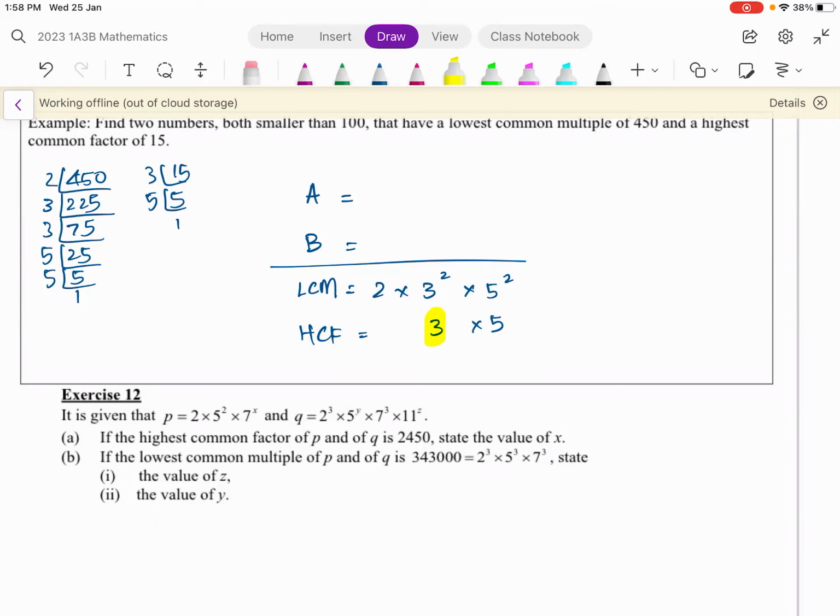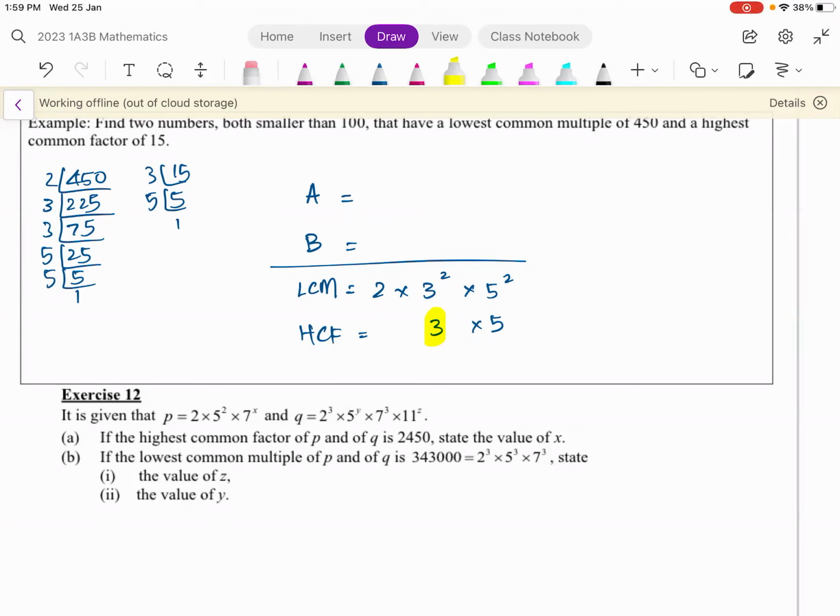What must be present in A and B? A and B must have 3, right? Must they all have only one 3, or can they have more? One of them can have more, but the other only can have one, right? Or both of them only have one 3, possible?